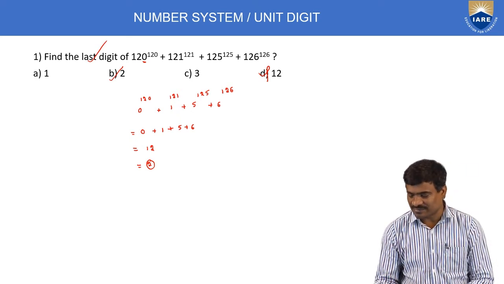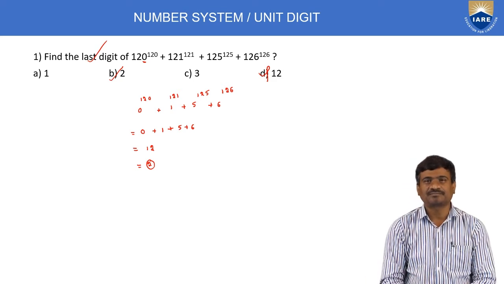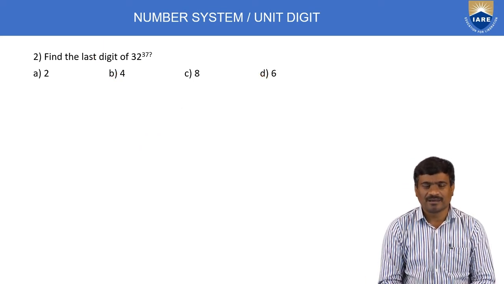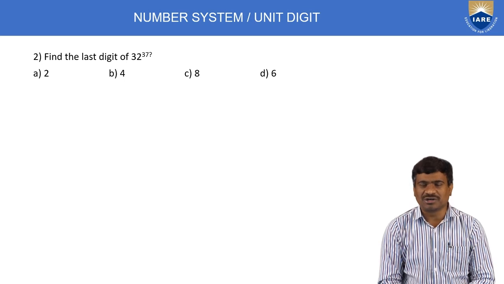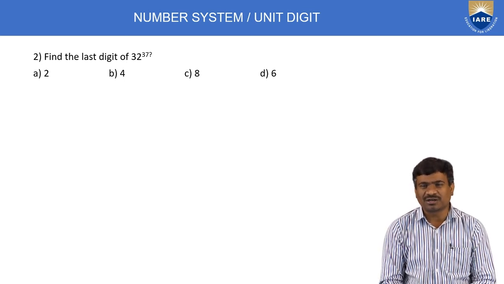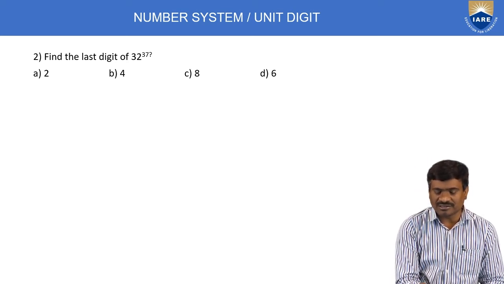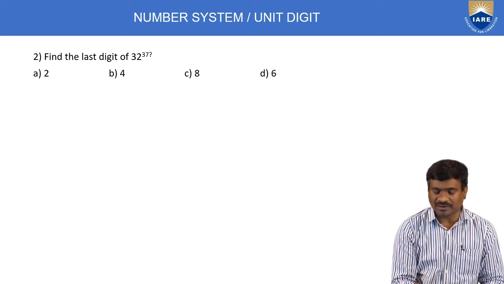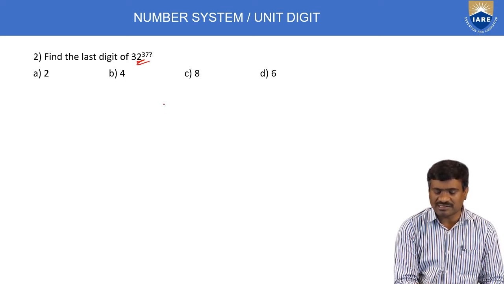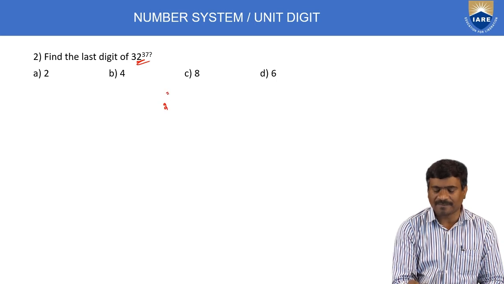Okay, right. Next, second example. Find the unit digit of 32 to the power of 37. In this case, apply only the property of 2, so it is the same as 2 to the power of 37.